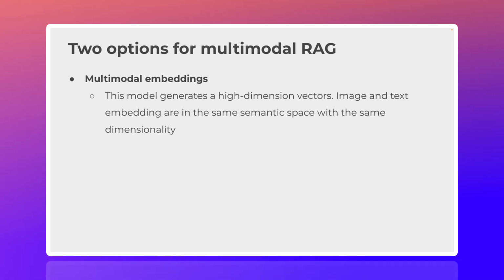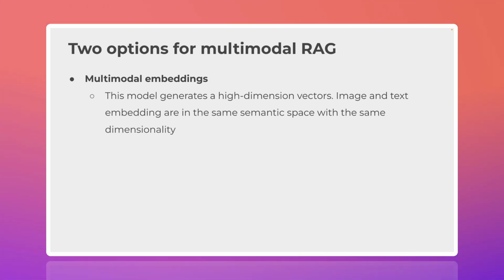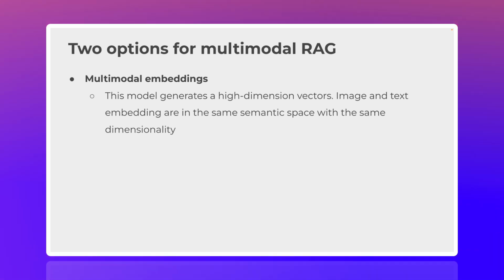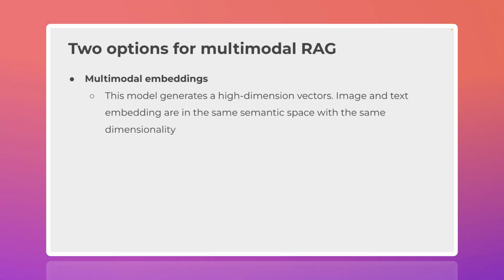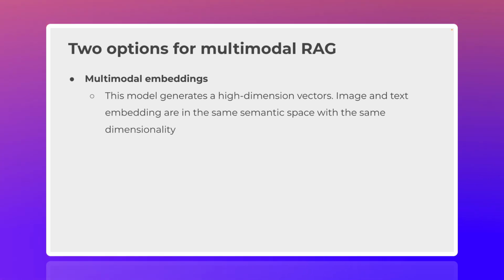Well, this is important because it allows for more flexible use cases, like searching for images using text queries or finding relevant videos using image queries and so forth. A good workflow would go as such. One, we would use the multimodal model to generate embeddings for both text and images, as we saw.